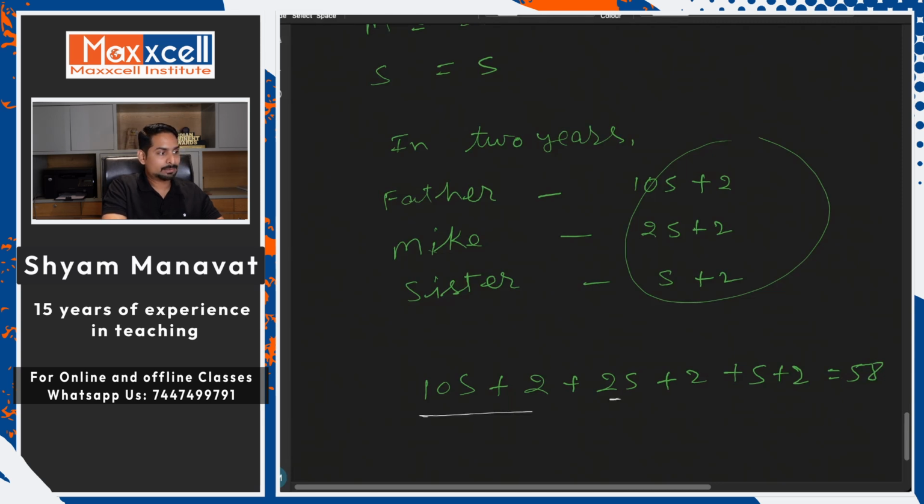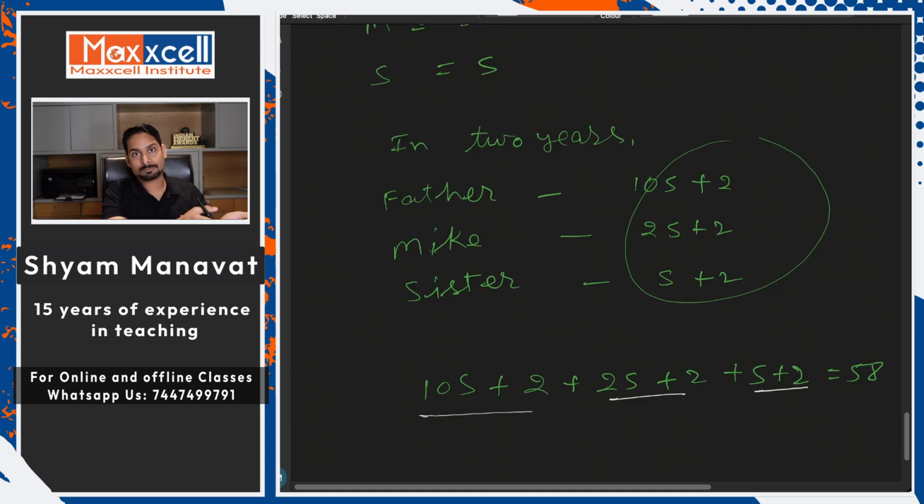Guys, I can use further shortcuts here and get the answer faster, but I want you to understand how to form the equation. I could simply say there are 3 people; in 2 years, 2 is added to each, so a total of 6 is added to become 58.